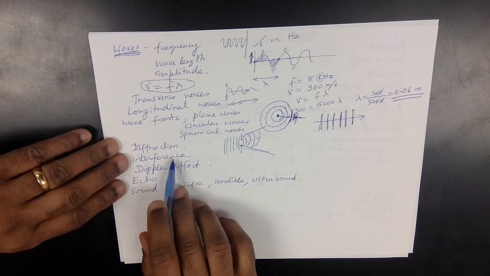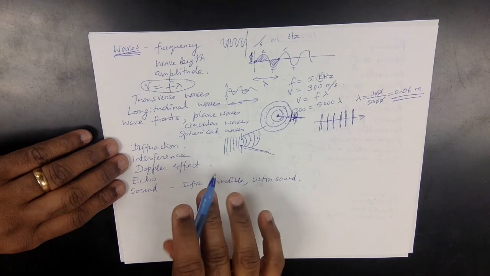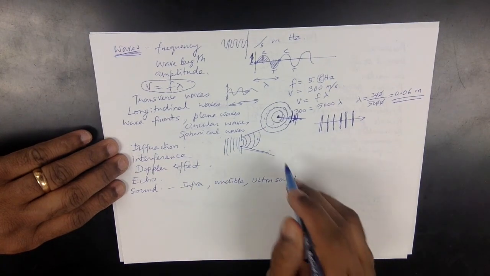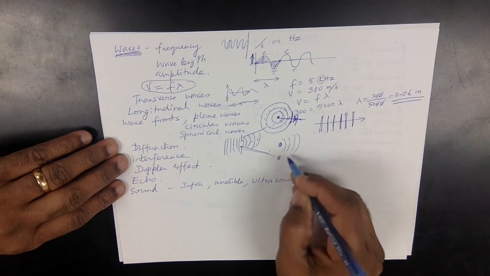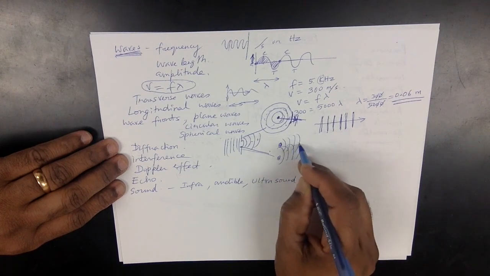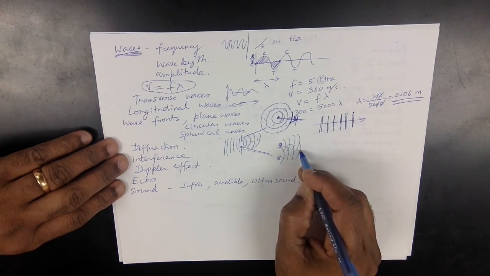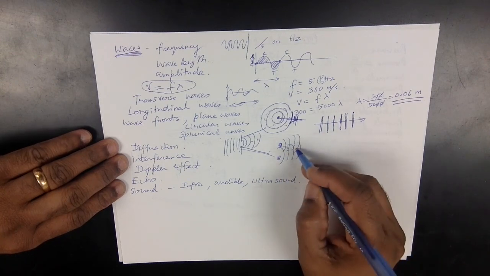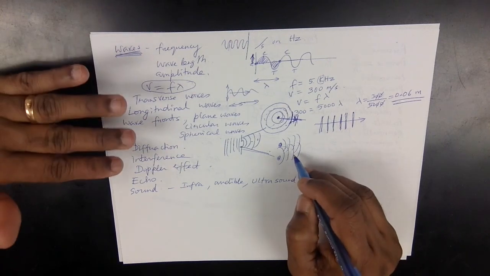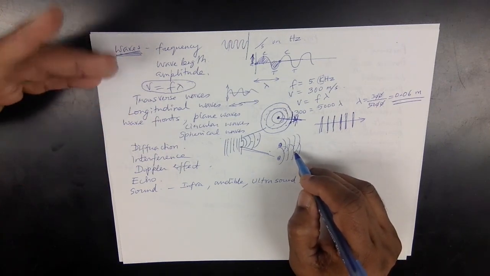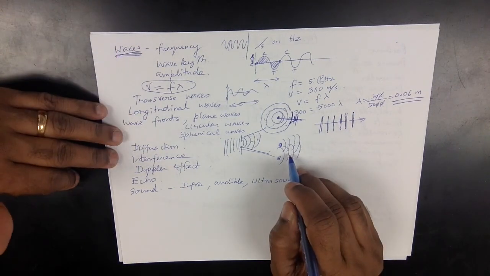Interference. When you have two or more waves coming from two spots, like if you have two sources and waves are coming from here and from here, at these points they interfere. And when they interfere, in sound they cause loudness and softness. In light, they cause brightness and darkness.